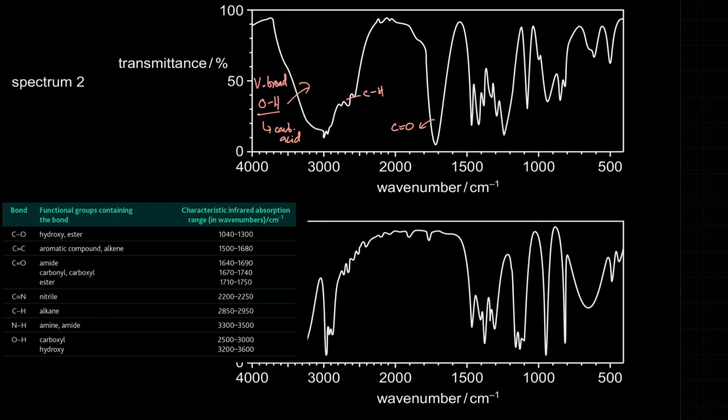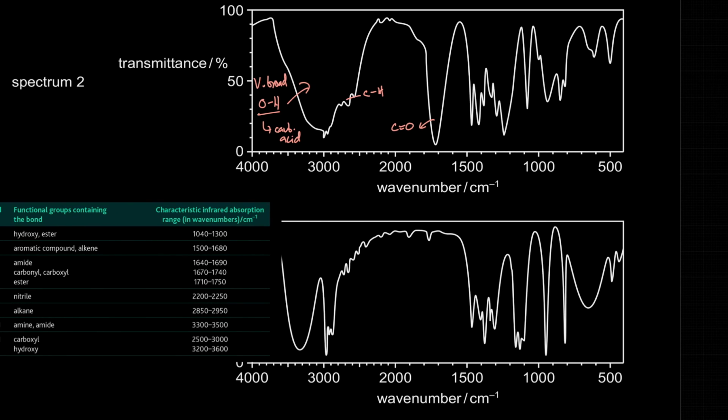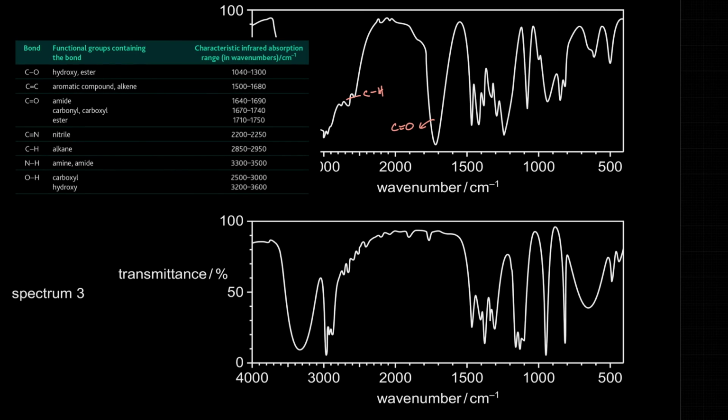And the last one, we don't have any C=O peak, but we see another peak around 3400 in the range 3200 to 3600. So this OH must be from an alcohol.